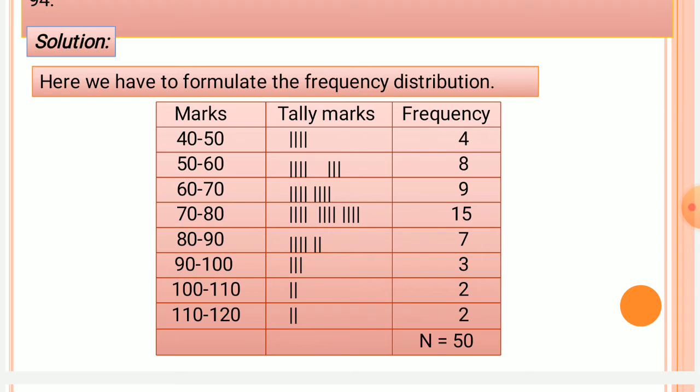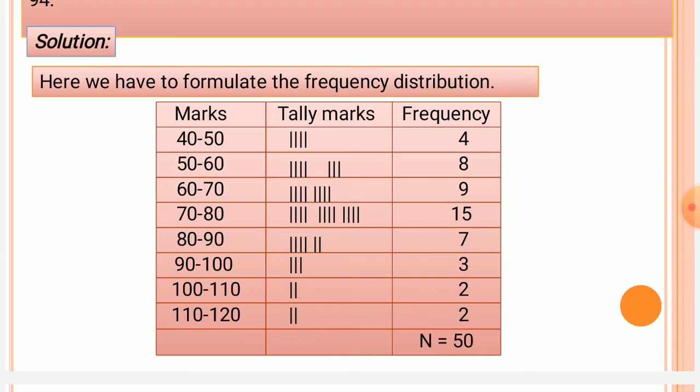So this is what the important step is: converting the class interval as well as formulating the frequency distribution. Here we have computed the class intervals and formulated the frequency distribution.